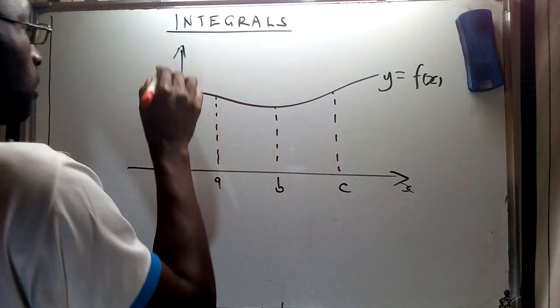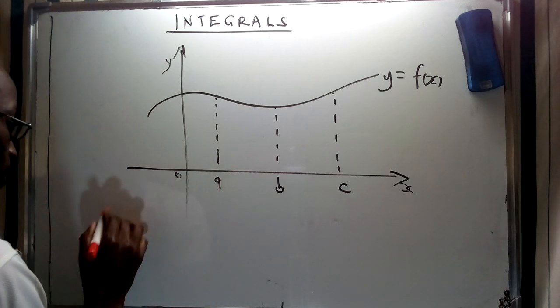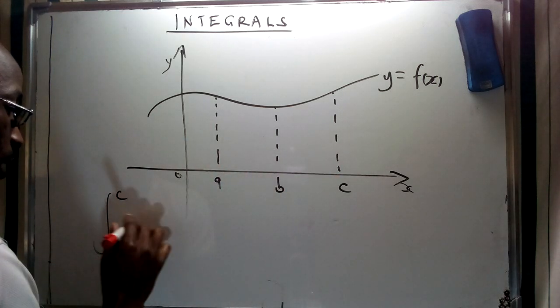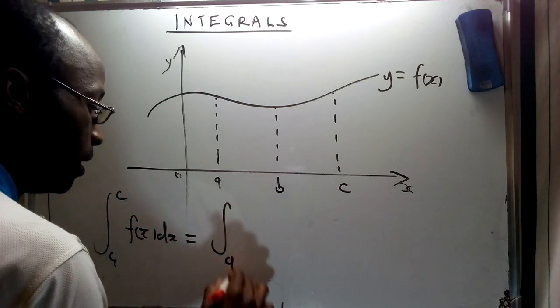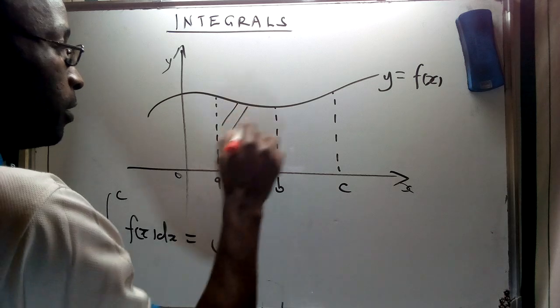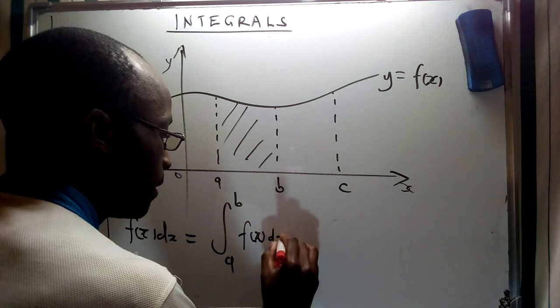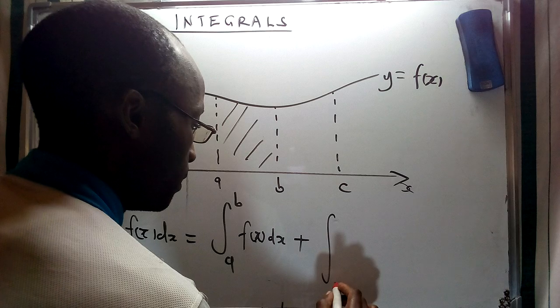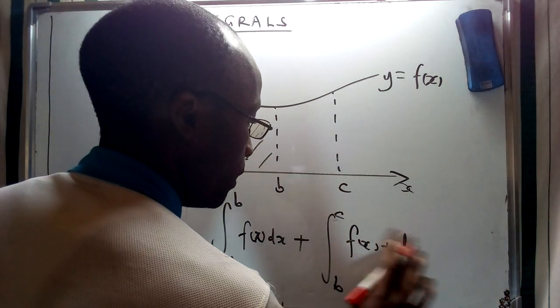Generally, the integral from a to c of the function f(x) dx is given as the integral between a and b of f(x) dx, plus the integral between b and c of f(x) dx.